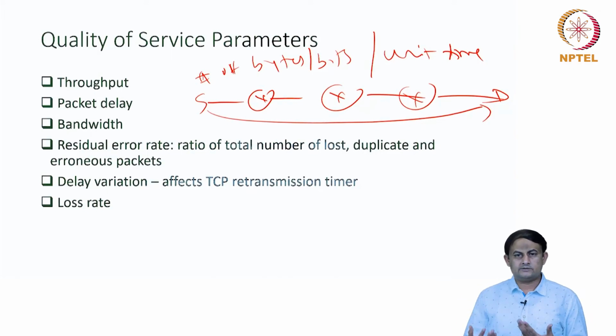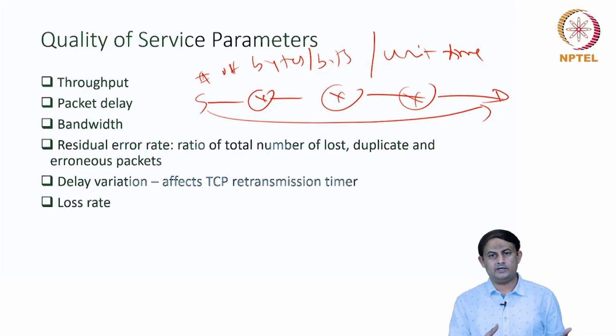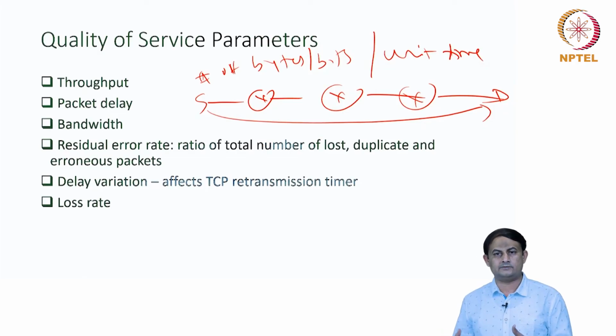It is not necessary that you use only one particular parameter to specify the quality of service requirement. A particular application can specify it using more than one parameter.